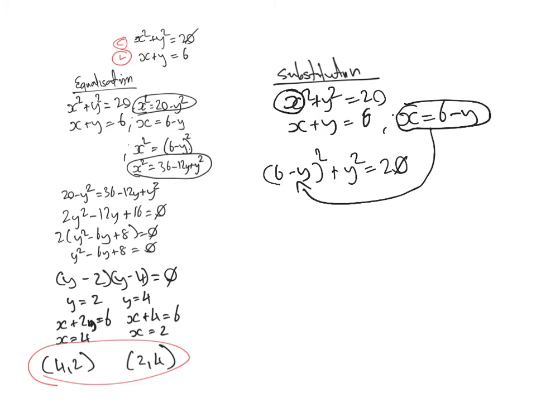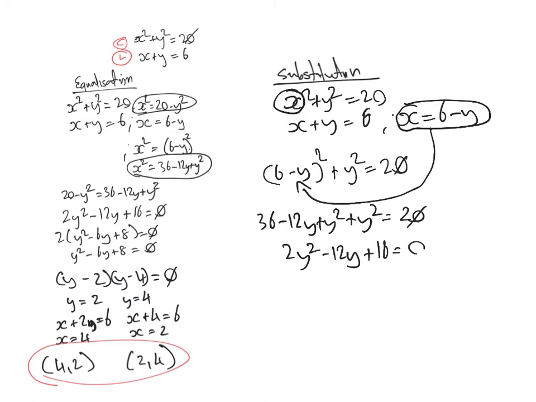Multiply it all out, so we get 36 minus 12y plus y squared equals 20. We can see it's a quadratic, and if we rearrange it, 2y squared minus 12y plus 16 equals 0.